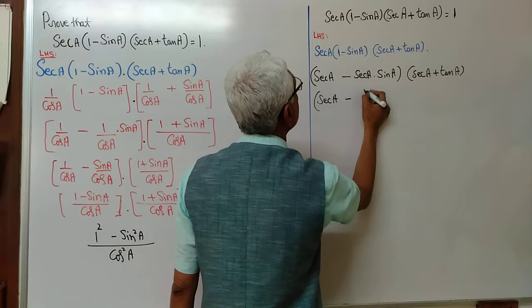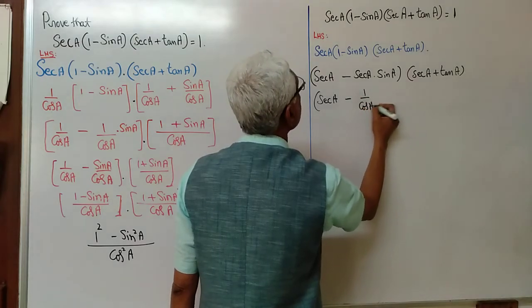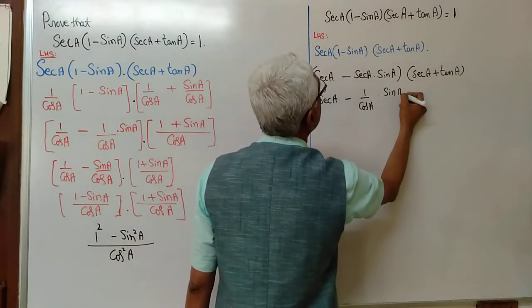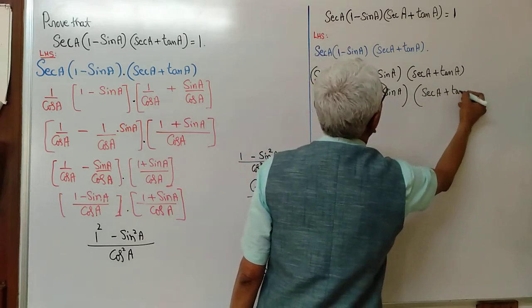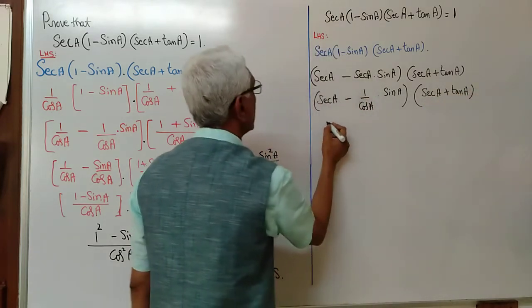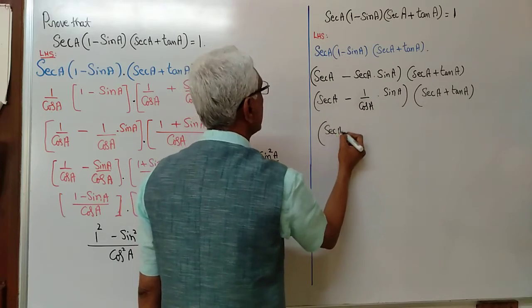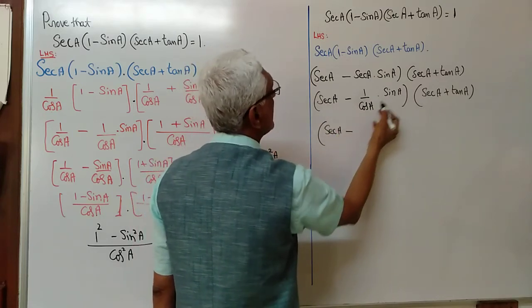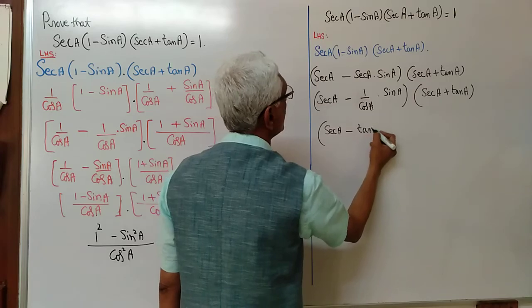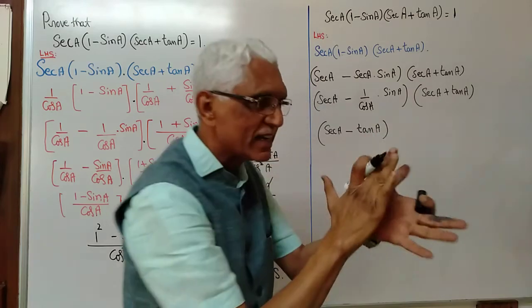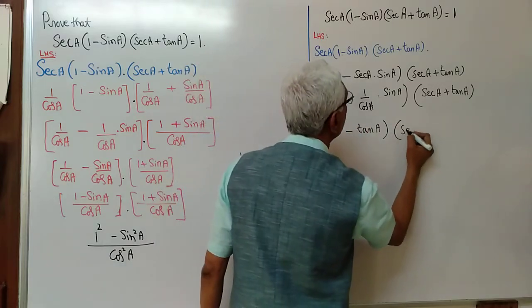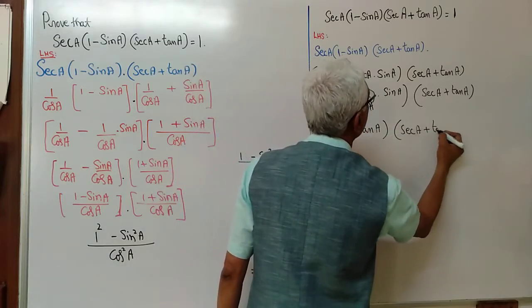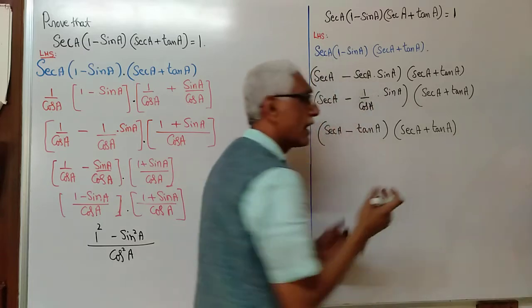Secant A is 1 over cos A, into sin A, into secant A plus tan A. That is secant A minus, what is sin A divided by cos A? Beauty. Tan A. Sin A by cos A is tan A, into secant A plus tan A.